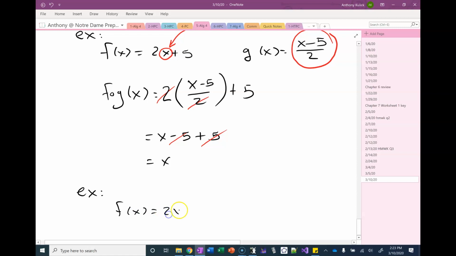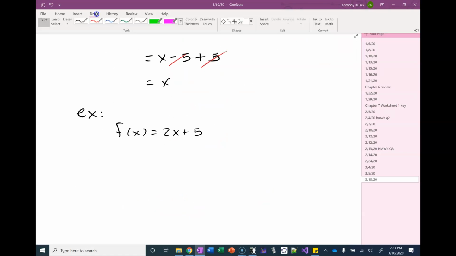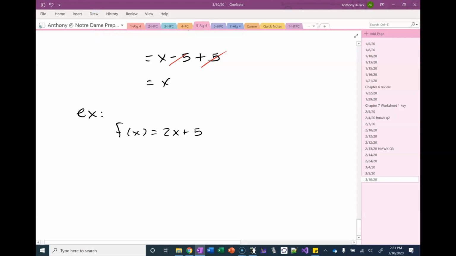So let's go back to this function here. The way that we find its inverse is I like to start by rewriting the f of x just as a y. Remember, those really mean the same thing, y equals and f of x equals. And then I'm going to get the x by itself. So I'll subtract 5 from both sides. And I can't combine a negative 5 and a variable, so I'm just going to write the minus 5 right next to the variable.